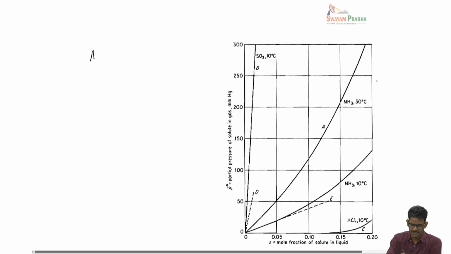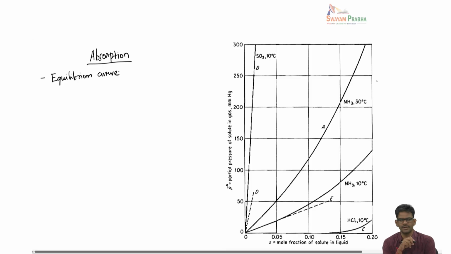Okay, so in this lecture, I'll be talking about certain aspects of absorption. So first, we'll talk about how we obtain this equilibrium curve, which is very important to do mass transfer calculation for an absorber or stripper. Secondly, we will do material balance.